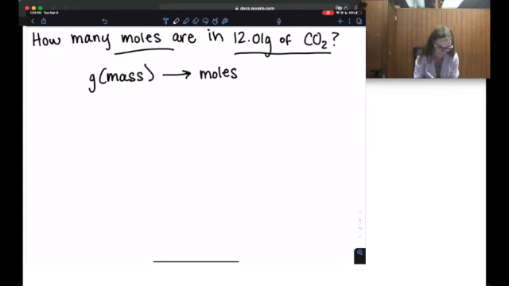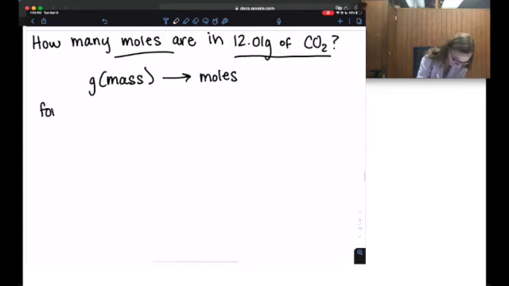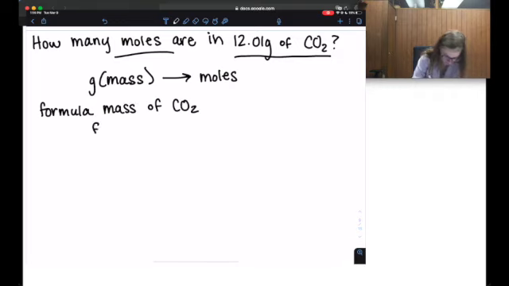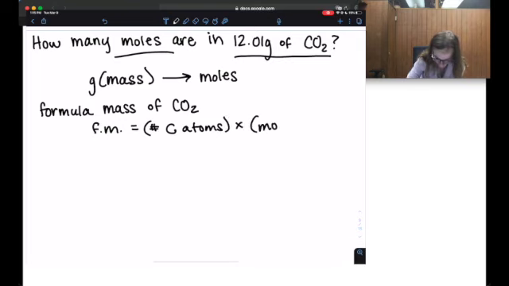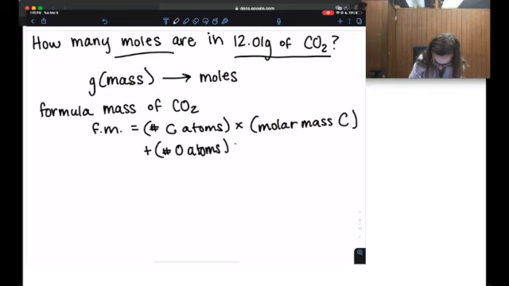So if I want to know the formula mass of carbon dioxide, this is going to be the number of carbon atoms times the molar mass of carbon plus the number of oxygen atoms times the molar mass of those atoms.